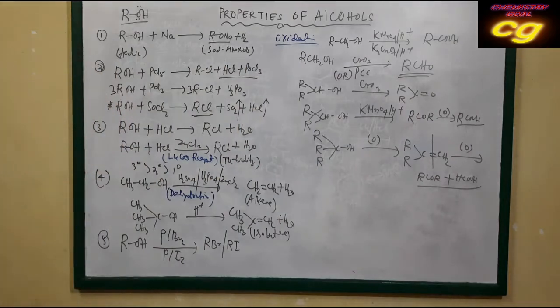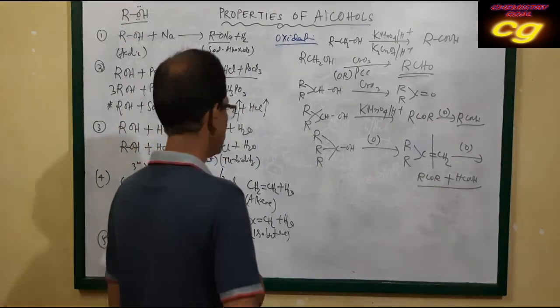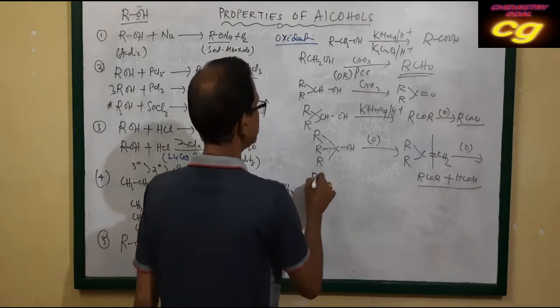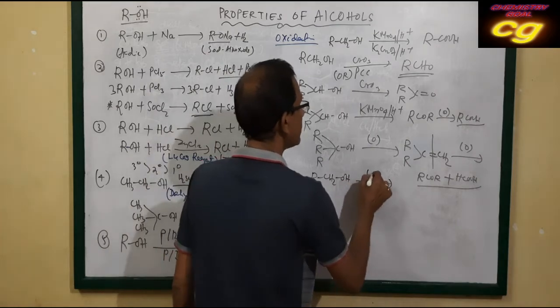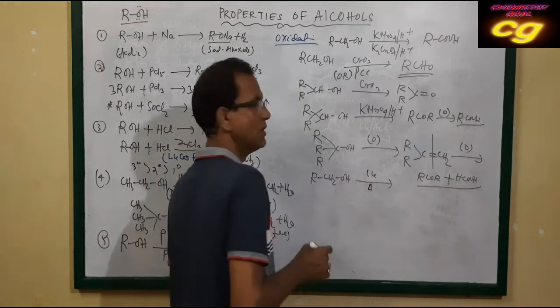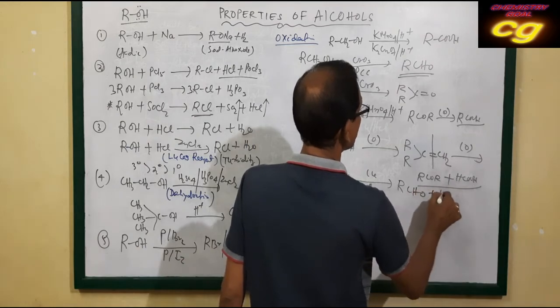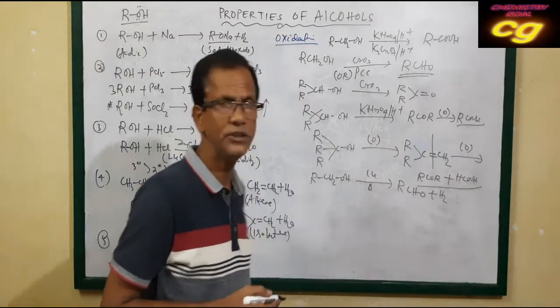Then alcohol can be oxidized by a weak oxidizing agent, that is copper. If you use primary alcohol and oxidize by copper metal on heating, the result is aldehyde and hydrogen. This reaction is called loss of hydrogen resulting in oxidation.